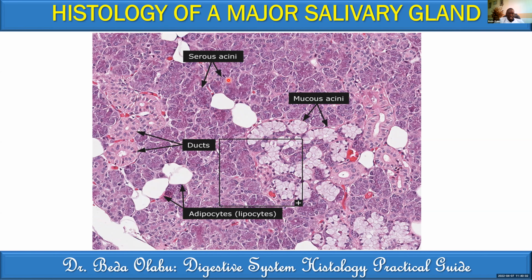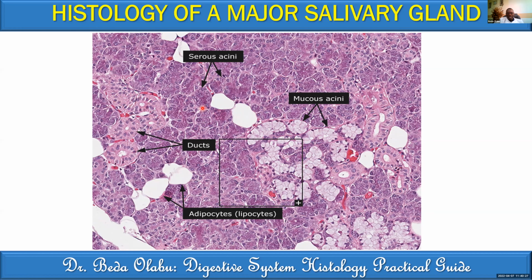A higher magnification of a salivary gland reveals that it contains acini. Some acini are serous like these ones. Some acini could be mucus like those ones. So they are acinar morphology, that's the take-home message. A major salivary gland may have some scattered fat cells, as you can see those ones. Those are not acini, they are adipocytes which are scattered.